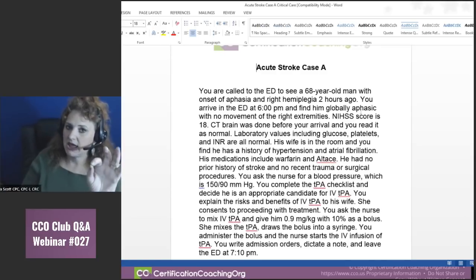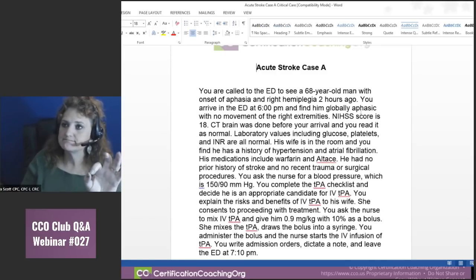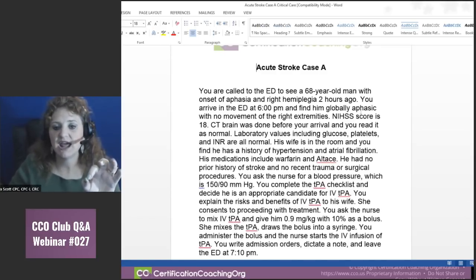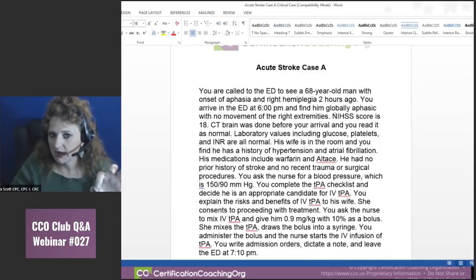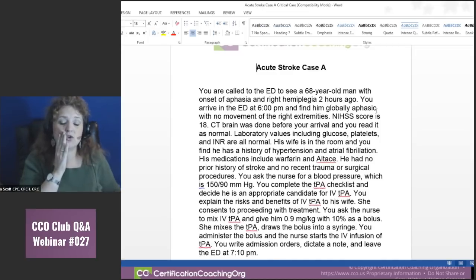Now, can you have a patient that has no movement of the right extremities and not be critically ill from a stroke? Yes, maybe. But globally aphasic with no movement on the right side, when you have that, that means that your airway is compromised.